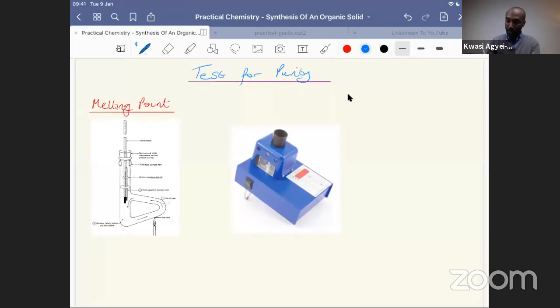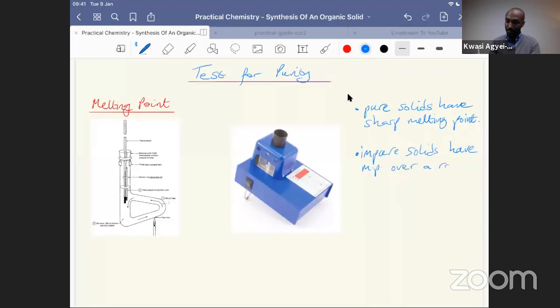So pure solids have sharp melting points, and impure solids melt over a range of temperatures and lower than the reported value.